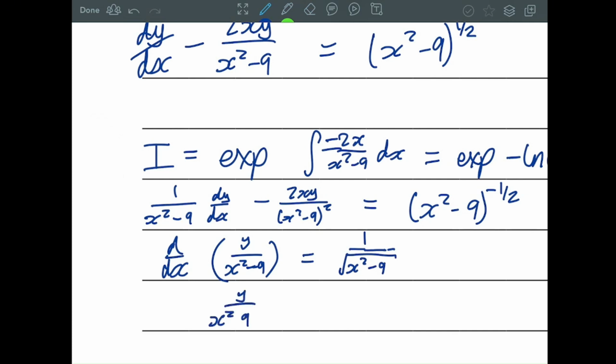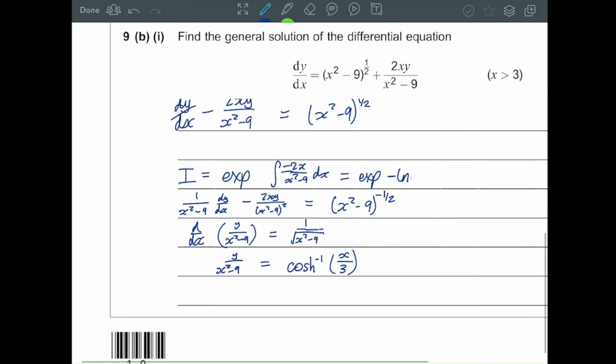Integrating both sides. That side is a simple integral, and I'm going to go back to the formula booklet to try and find the right form. This is the 1 over square root of x squared minus a squared. So this side integrates, according to the formula booklet, to cosh inverse of x over a, which is 3, plus an unknown c.